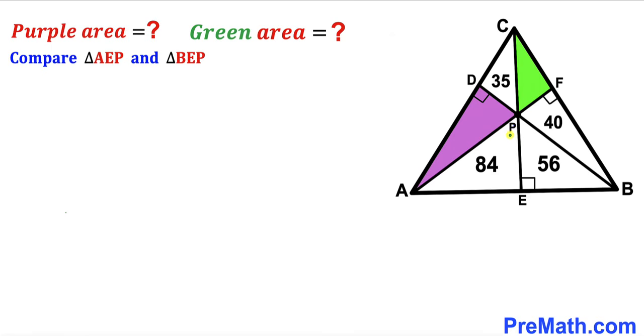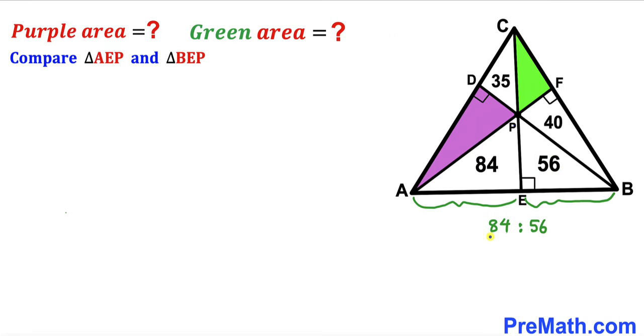Let's compare these two right triangles, this triangle AEP and this other triangle BEP. And we can see the height of both of these triangles is the same. So therefore the ratio of their bases is going to be equal to the ratio of their corresponding areas. So I can write 84 to 56.